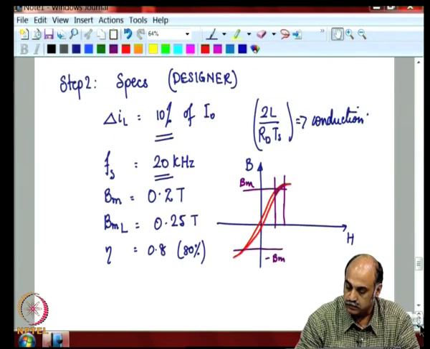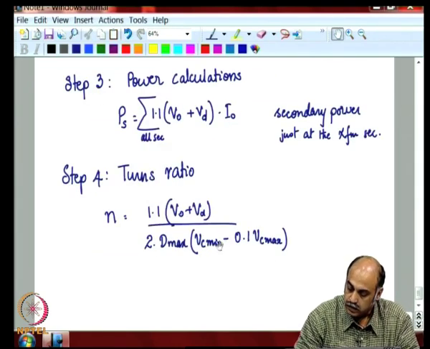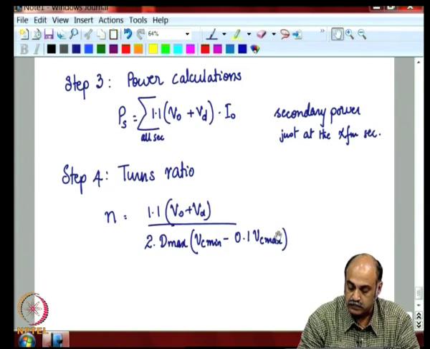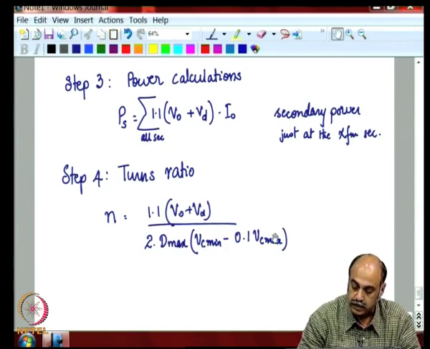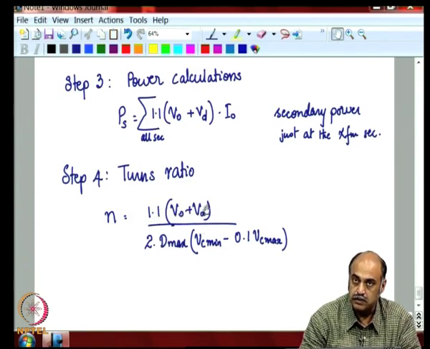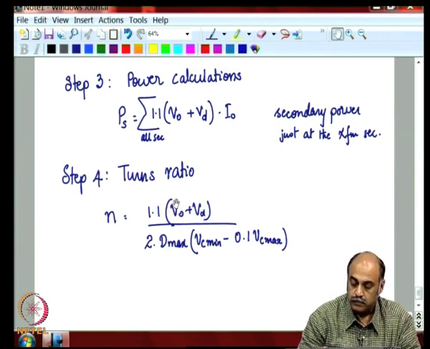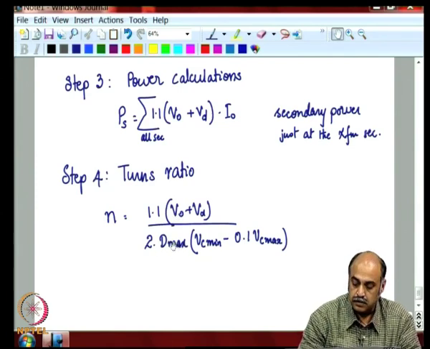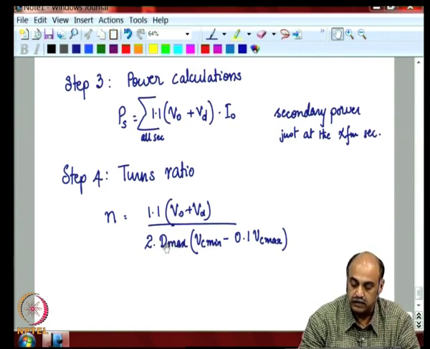So, therefore, Vc min minus 0.1 Vc max is nothing but the drop across the flux walking capacitance. This is occurring at the primary, and 1.1 V naught plus Vd is the peak voltage across the secondary. Okay. And this 2 times d max is basically because of the rectification effect.